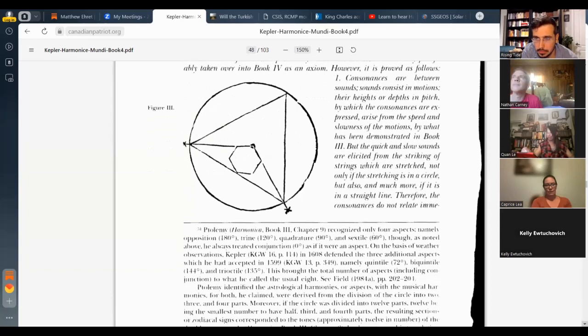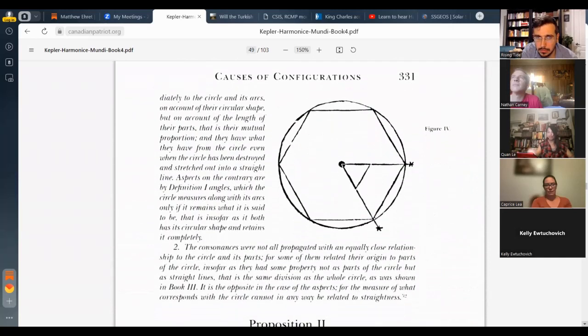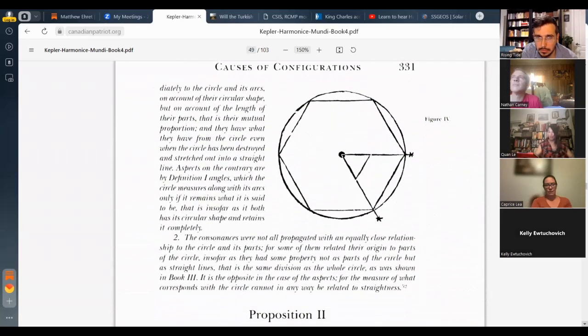Therefore, the consonances do not relate immediately to the circle and its arcs on account of their circular shape, but on account of the length of their parts, that is, their mutual proportion. And they have what they have from the circle, even when the circle has been destroyed and stretched out into a straight line.